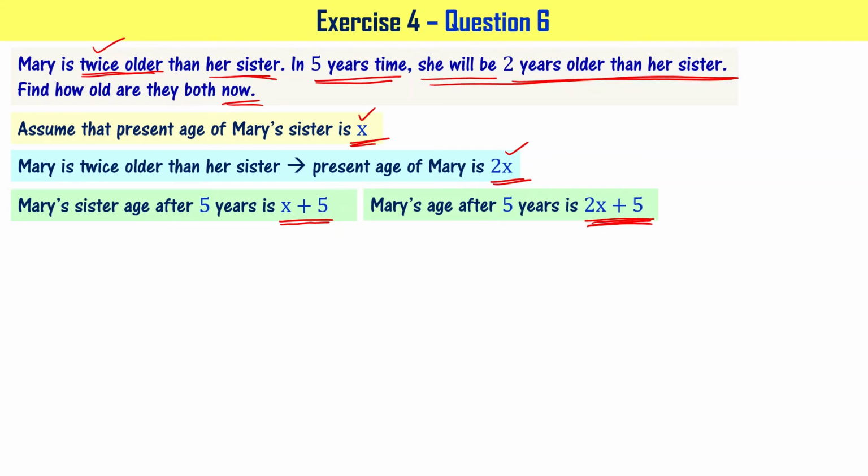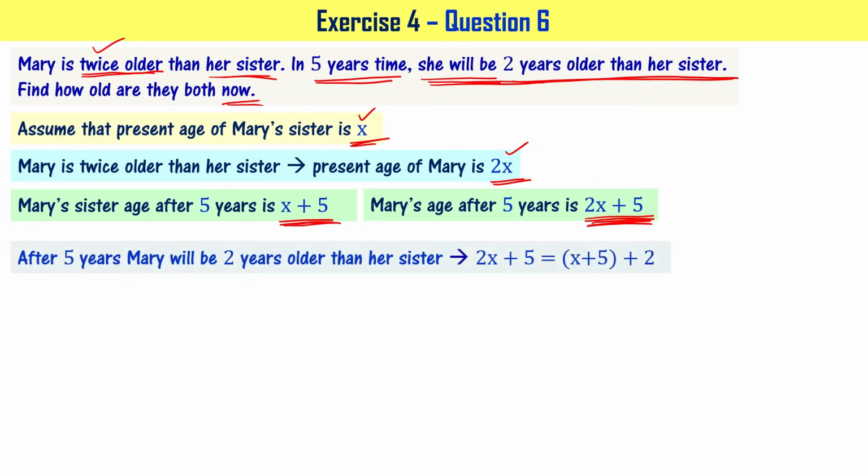Now the second statement says that in 5 years' time Mary will be 2 years older than her sister, meaning 2x plus 5 is equal to x plus 5 plus 2. Right?